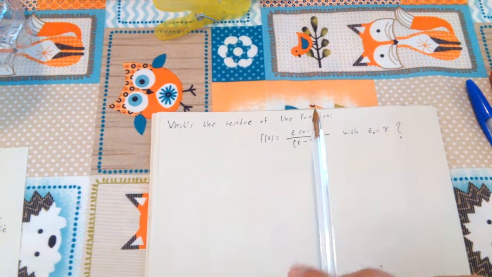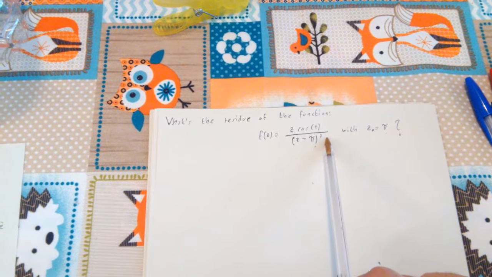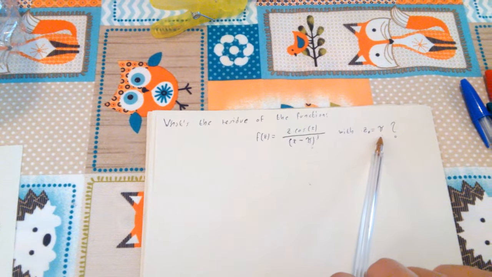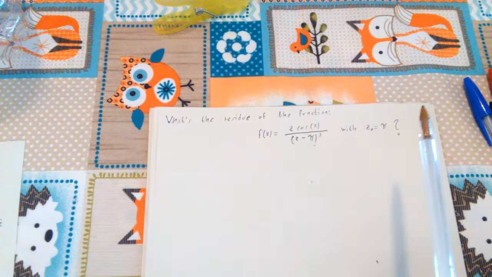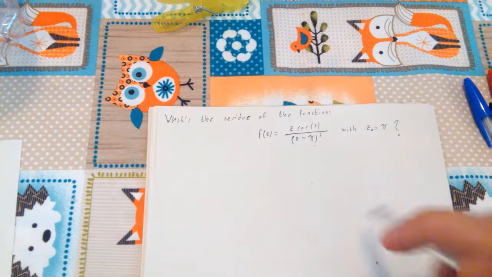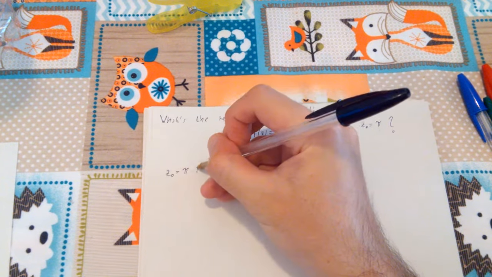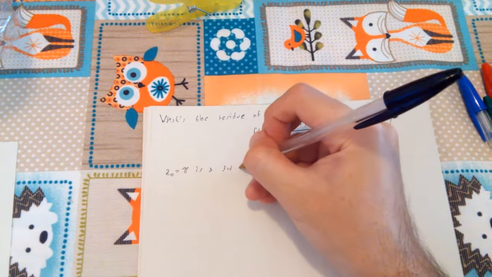Now, since the denominator is z minus pi cubed, we can say that z0 equal pi is a third order pole.